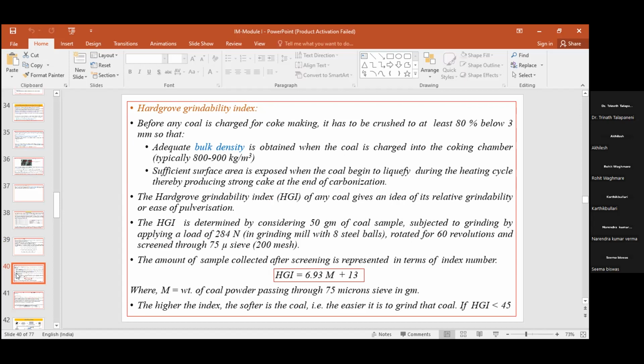So before any coal is charged for coke making process, it is crushed to at least 80% below 3 mm. Why? Because to achieve good bulk density inside the ovens.